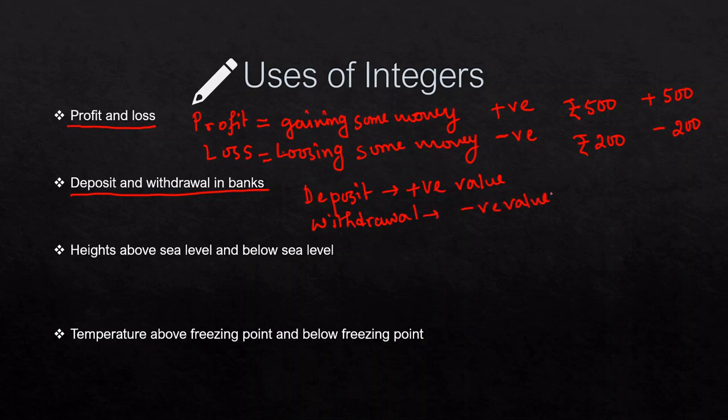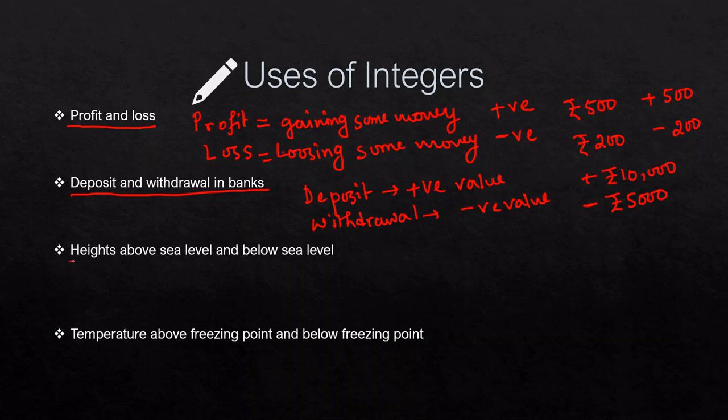Let's say we have 10,000 rupees in our bank as deposit, then that will be plus rupees 10,000, and we have withdrawn 5,000 from it. So what have we withdrawn? We have withdrawn minus rupees 5,000. So this is the case of deposit and withdrawal in banks.